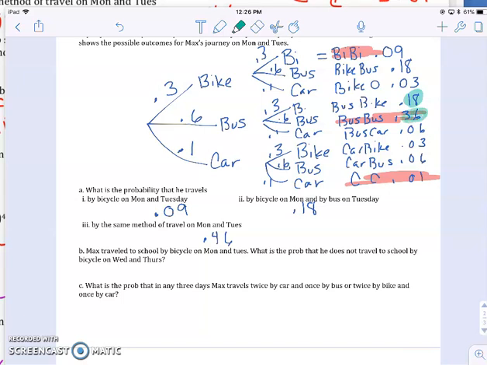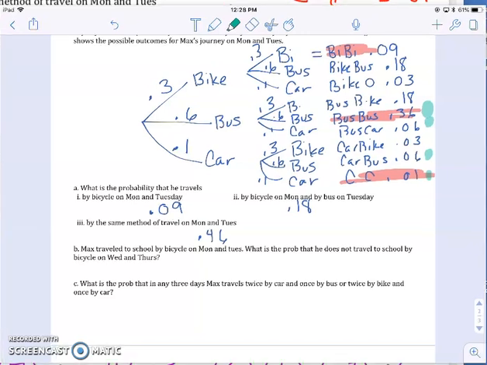So bus, let me delete that. We got bus, car. So we have those, 0.36, 0.45, 0.51, 0.52. Are all those the ones without the bike? I feel like I'm missing one. Let me check again.